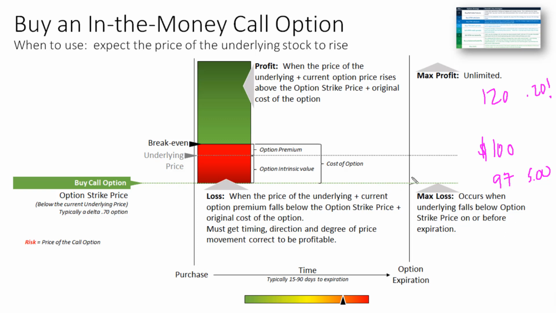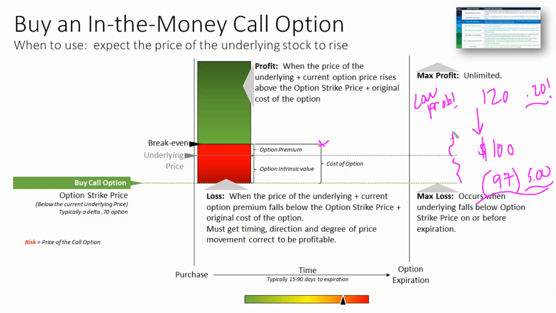Because the 97 strike is in the money, it has real value. The 120 option has no value, and because it's so far away from where the stock is trading, it's a very low probability shot of working. The 97 has actual real value, and it just needs to move slightly higher to get to a break even point.